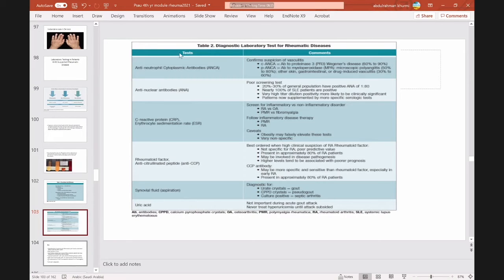ANCA is seen in Wegener granulomatosis. ANA is seen in lupus. C-reactive protein and ESR mean that there is an inflammatory process. They become high in active inflammation in general, not specific. Rheumatoid factor and anti-CCP usually come positive in rheumatoid, but rheumatoid factor is not specific, while anti-CCP is specific for rheumatoid.